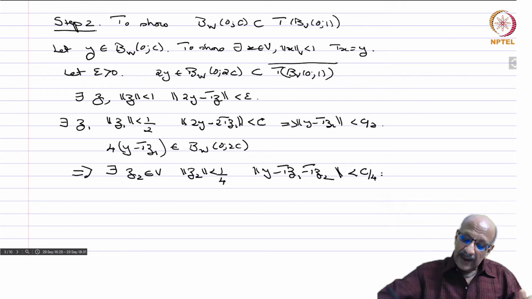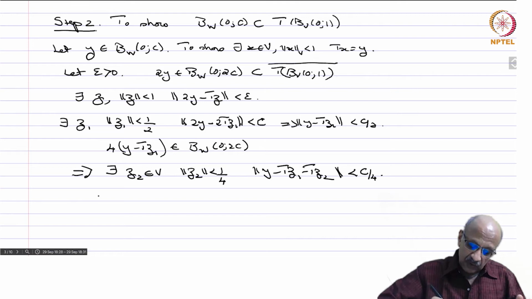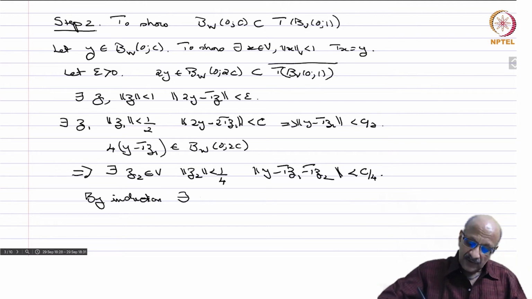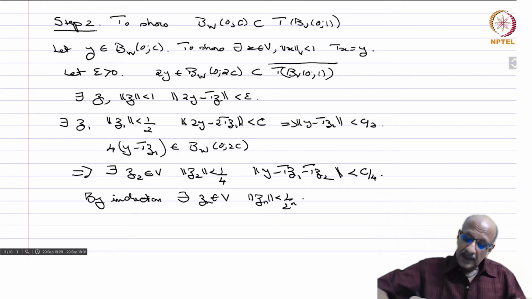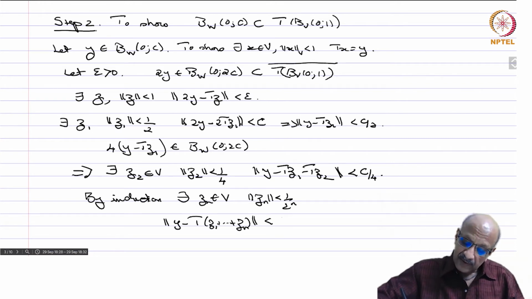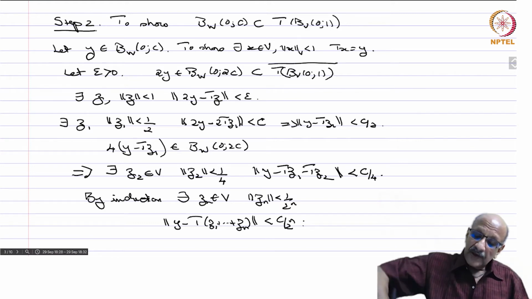So we now take 8 times this vector, and you can do the same game, and therefore eventually by induction there exists a zn in V such that norm zn is less than 1 by 2 power n, and norm of y minus T(z1 plus ... plus zn) is less than c by 2 power n. Okay, fine.